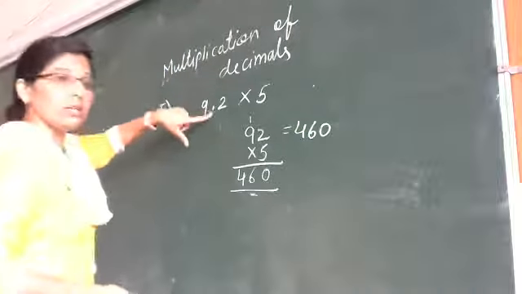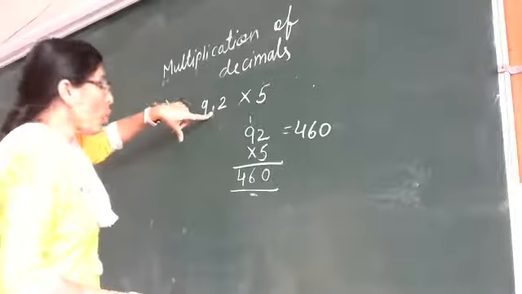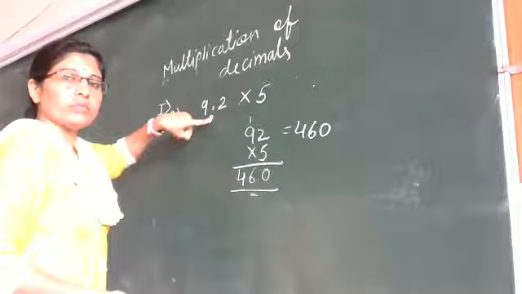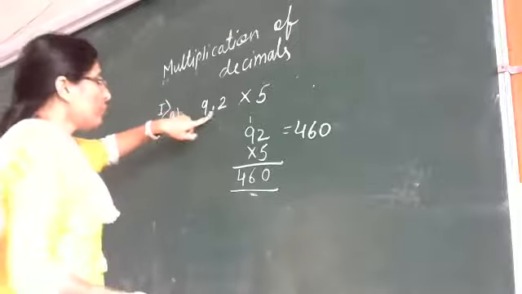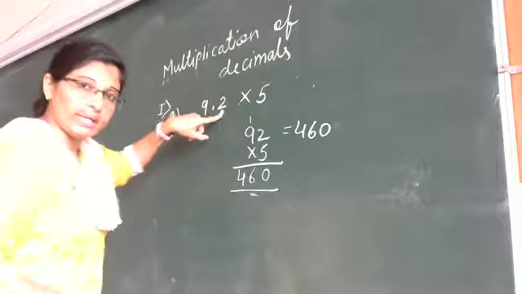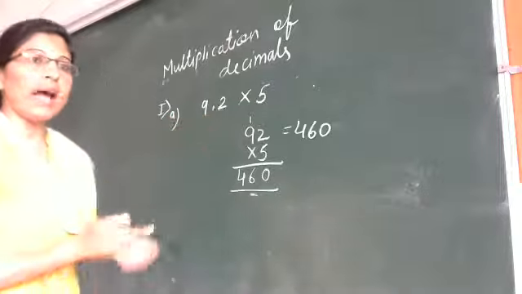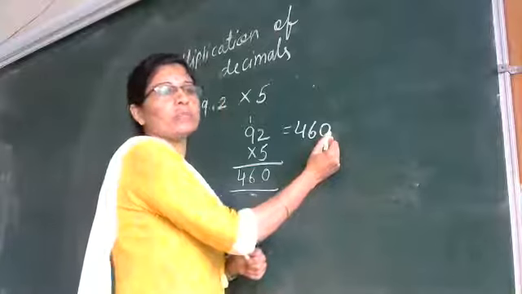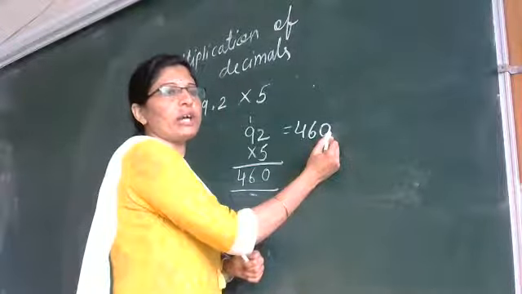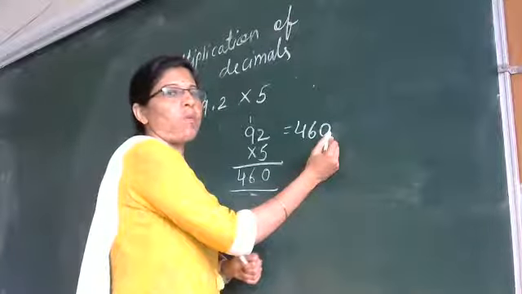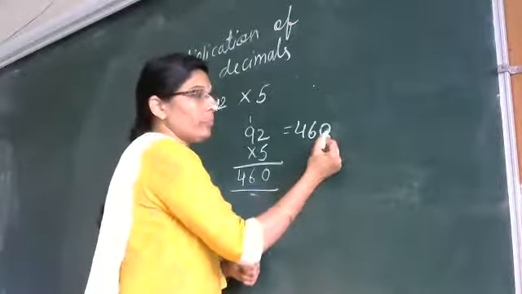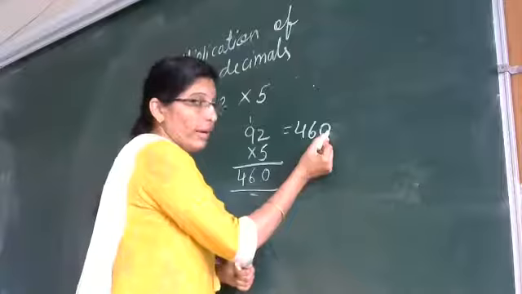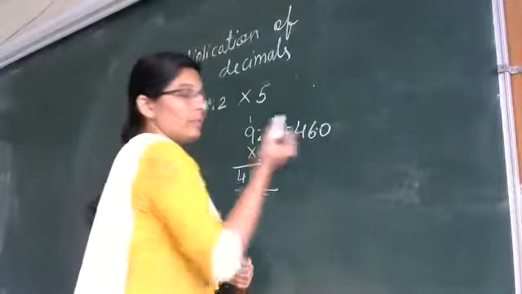After the decimal point, how many digits are there in the question? One. So that much we have to count from the right side and put the decimal point.